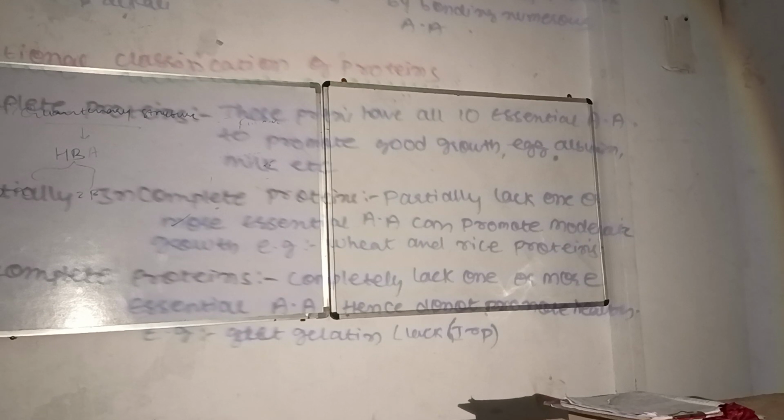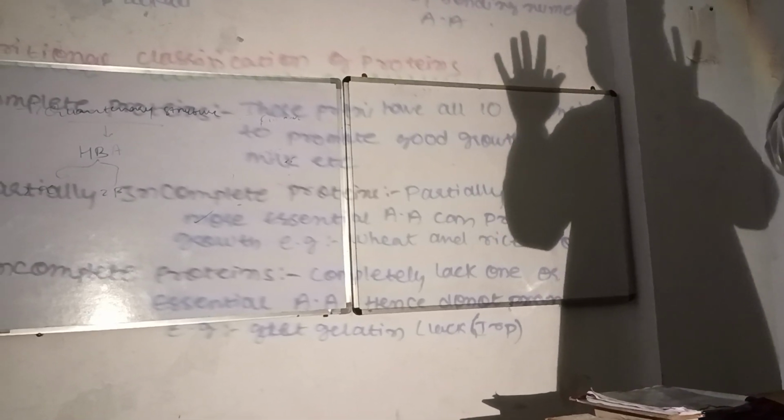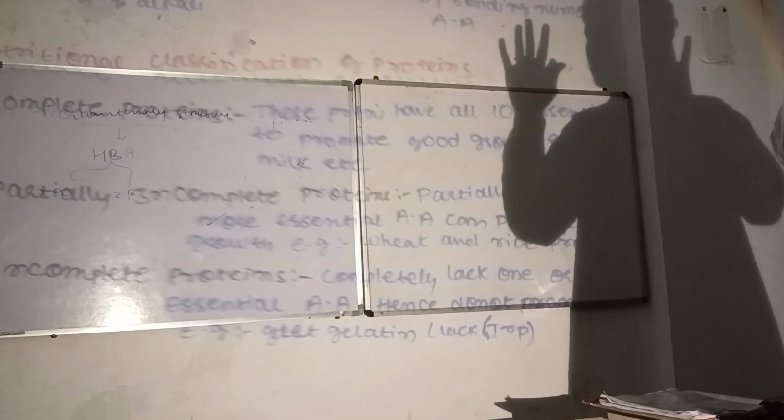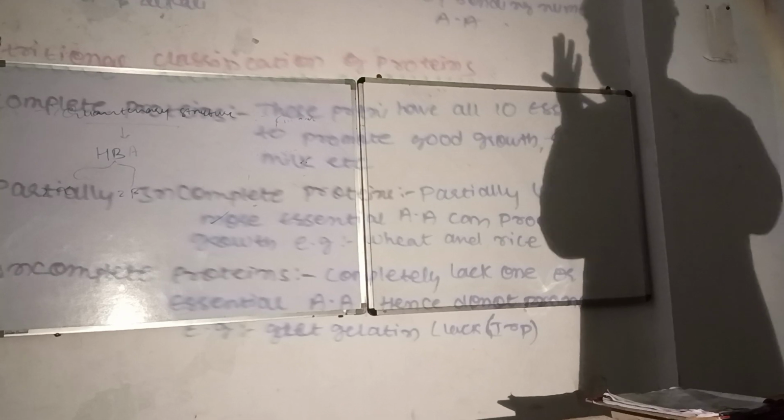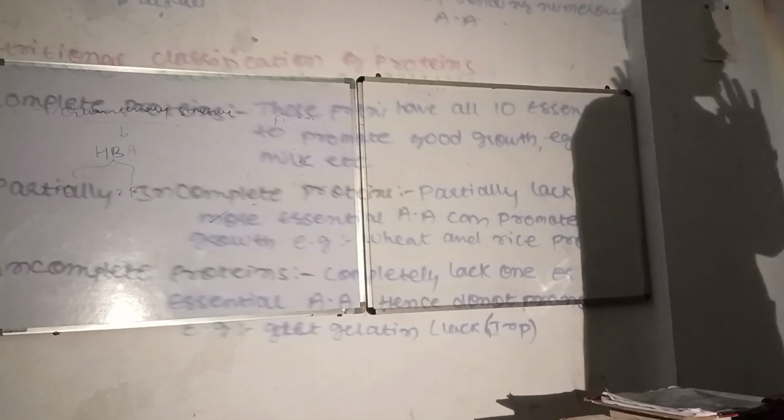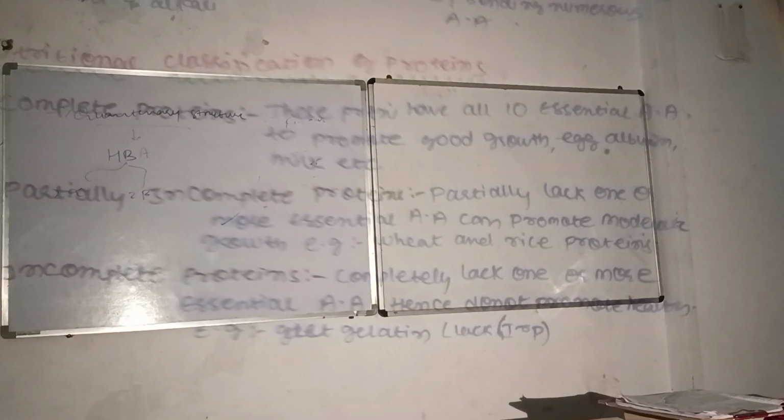Okay? Second classification is partially incomplete. That means they might lack one or more essential amino acids. ये बात समझिए आप. Partially they are lacking. मतलब there are 10 essential amino acids. Out of 10, one amino acid will be present only in half. Partially. The other may have been lost. So those kinds of proteins are considered partially incomplete.